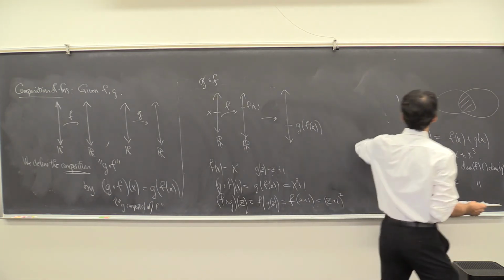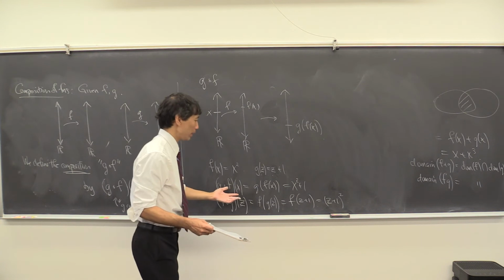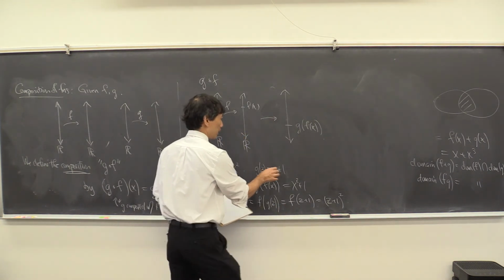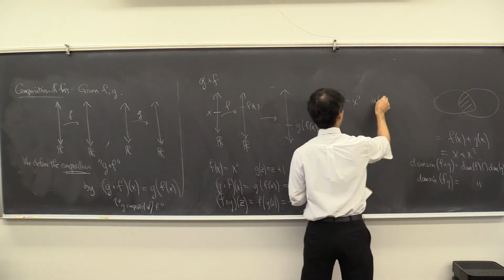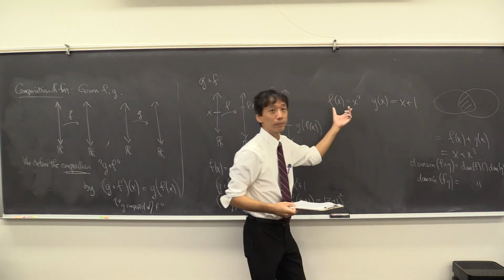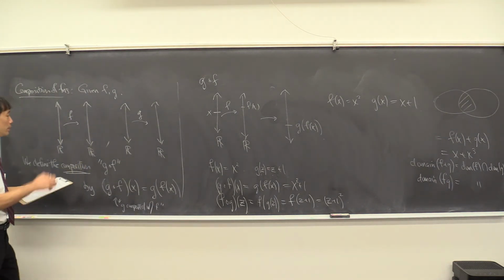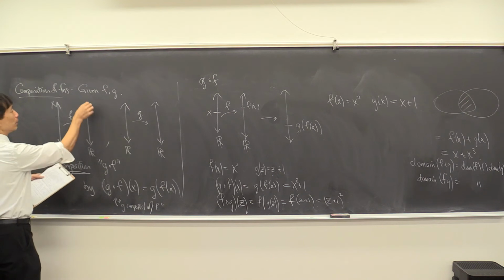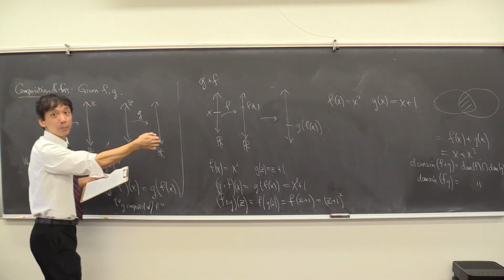Okay. I should say that most of the time when people are introducing composition, they write it like this. So they use the same variable. It actually makes more sense to use a different variable because you think of f as something that returns some value, and then g takes that value and gives you something back.